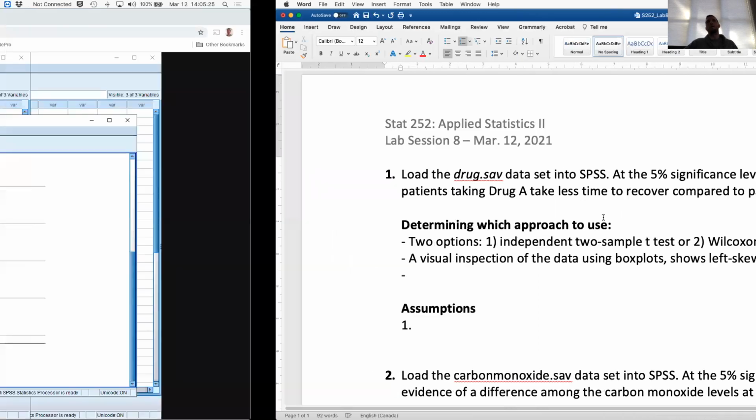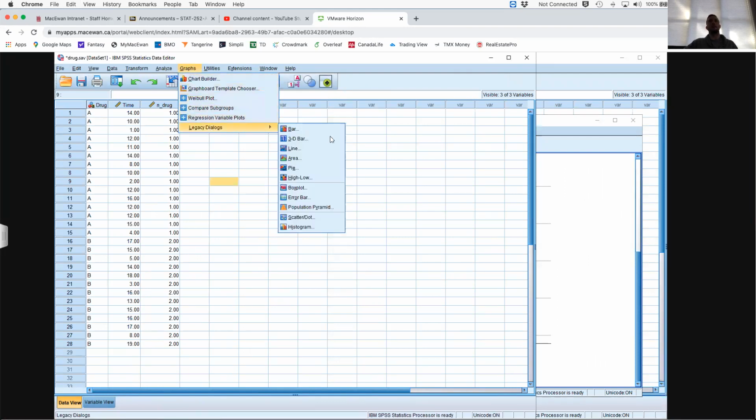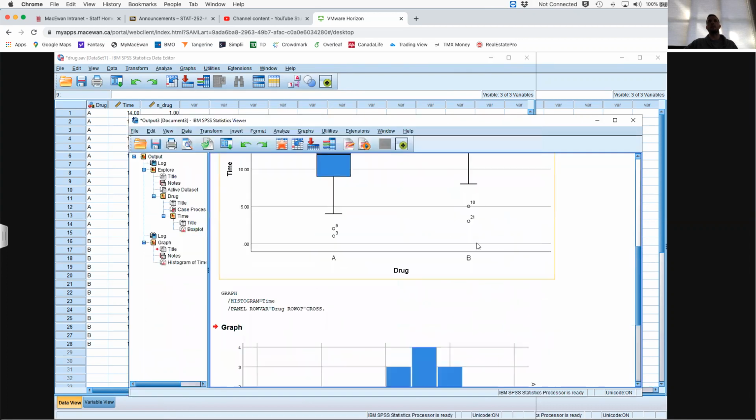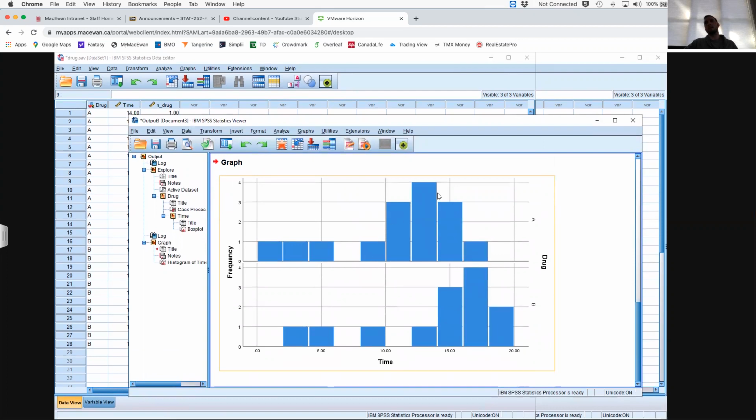All right. Now we can do a similar assessment using histograms. Let's say we go Graphs, Legacy Dialogs, Histogram. We put time on the variable axis and we put drug in the row and we click OK. All right, so now we have our histograms and we can see again that we have evidence of left skewness.